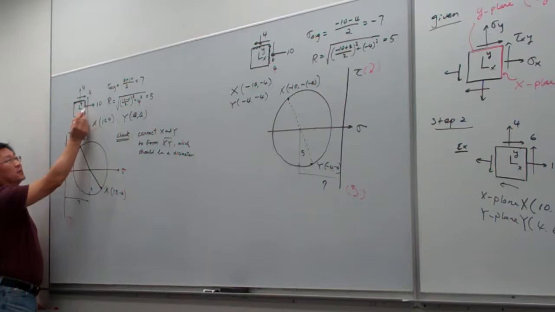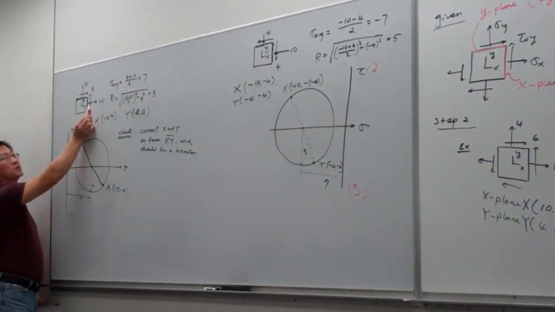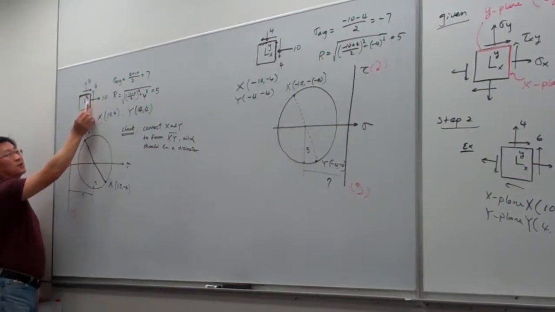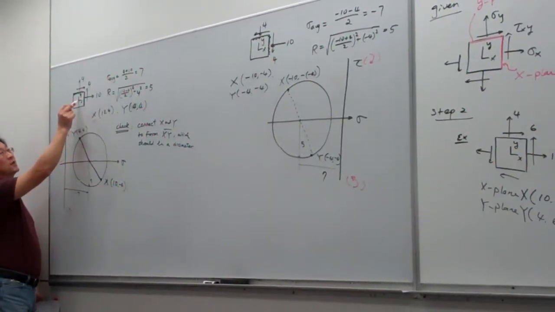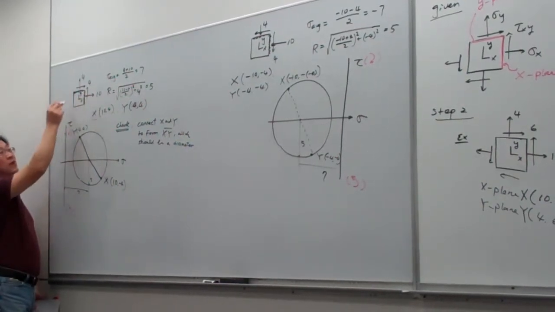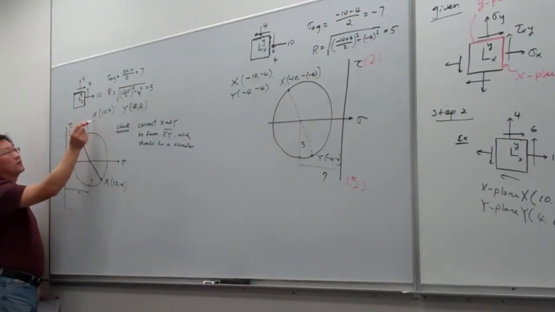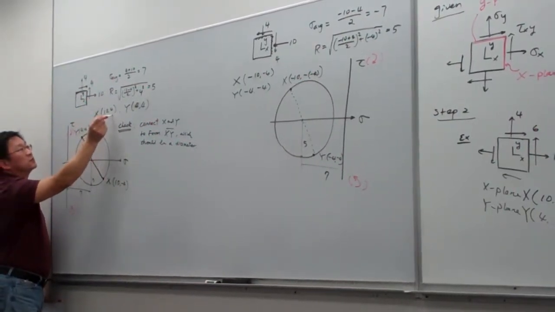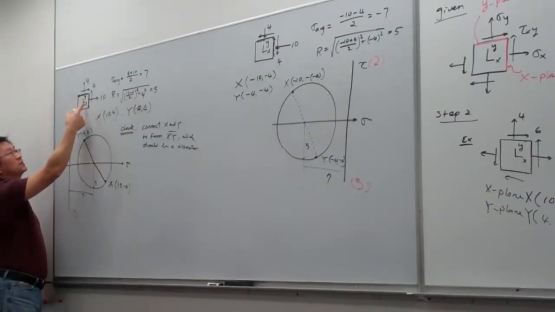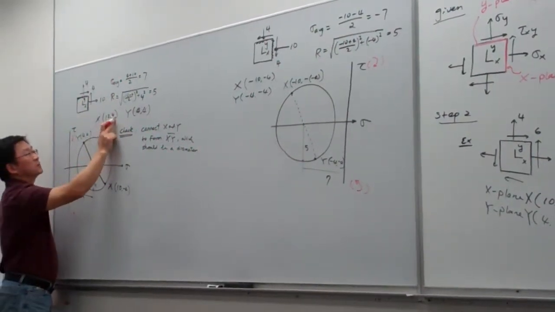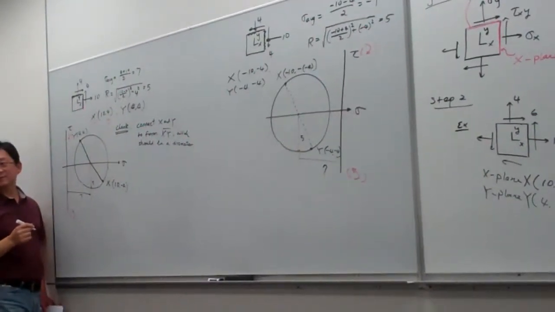The shear stress on the x-plane, pointing upward, has a tendency to rotate this stress element about the origin in the counterclockwise direction. One more time: this shear stress component has a tendency to rotate the element counterclockwise, so we label it like this.